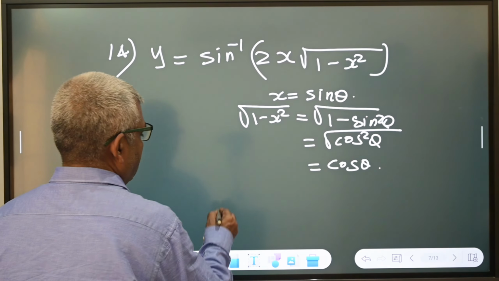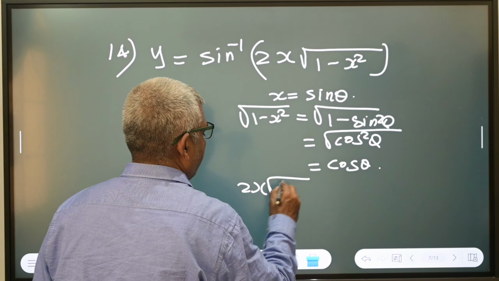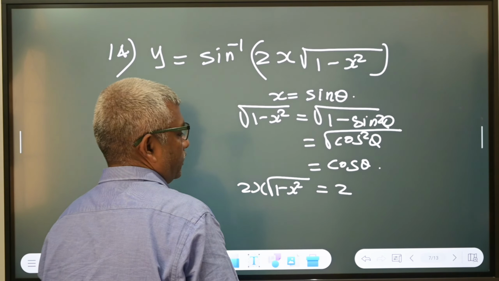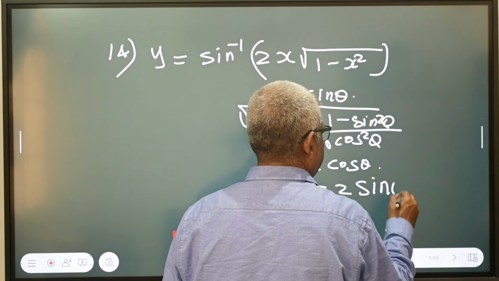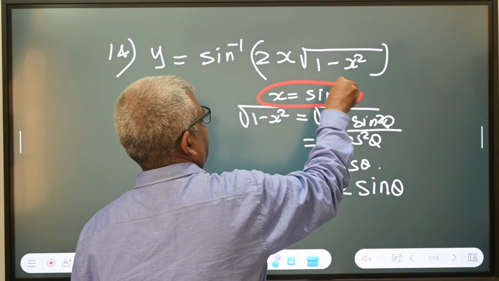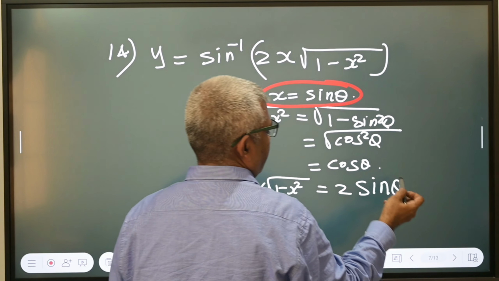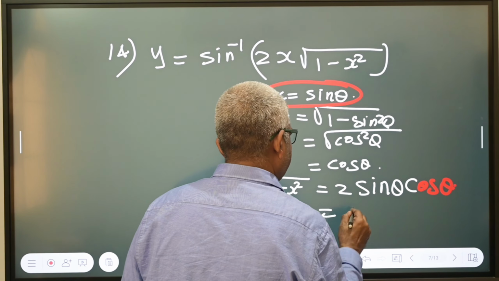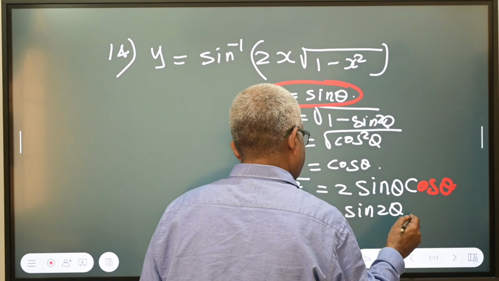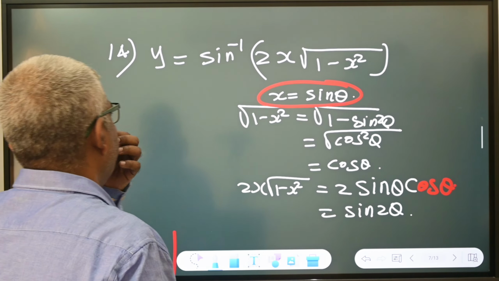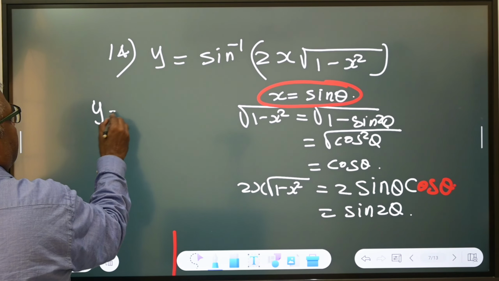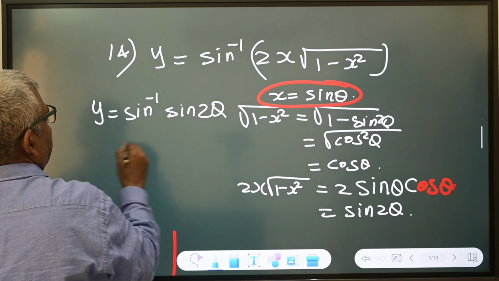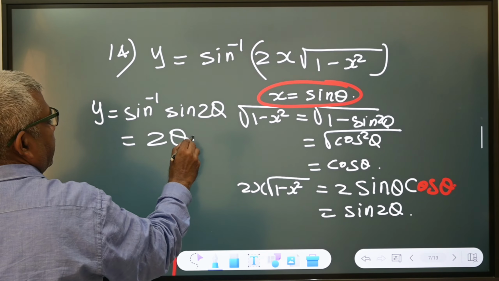So 2x root of 1 minus x squared is nothing but 2 sine theta cos theta, since x is equal to sine theta and root of 1 minus x squared is equal to cos theta. So it is nothing but sine 2 theta. So y equal to sine inverse sine 2 theta, which is nothing but 2 theta.